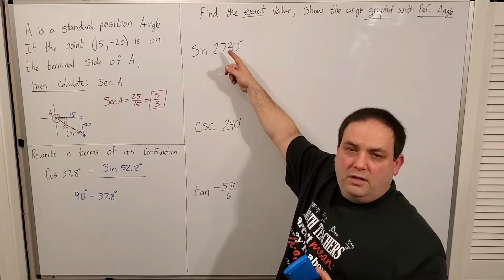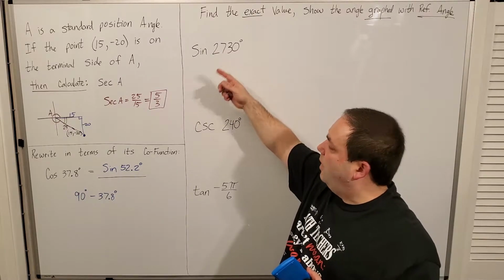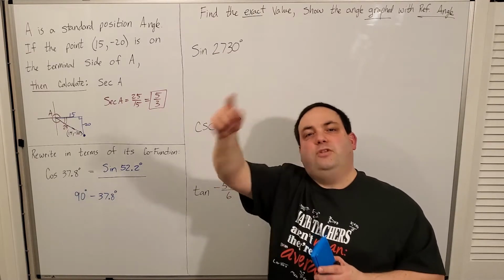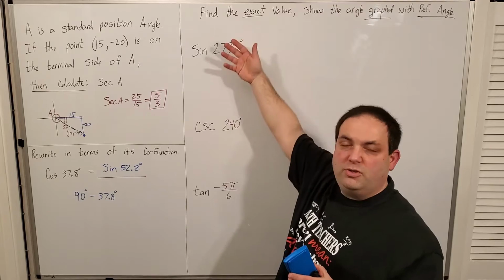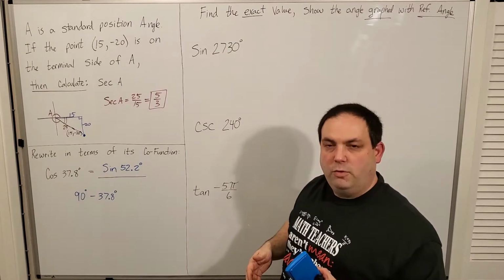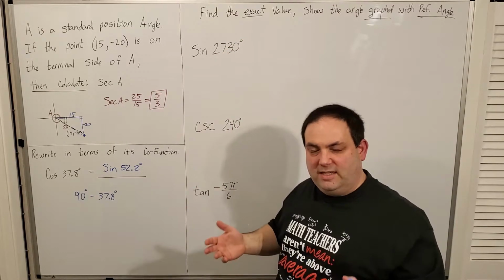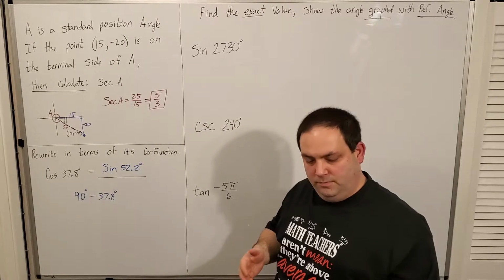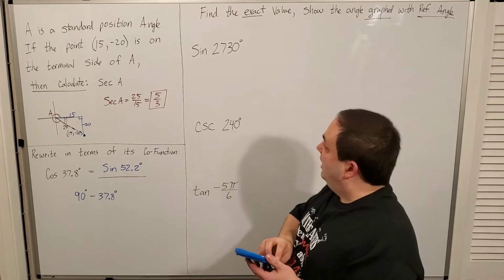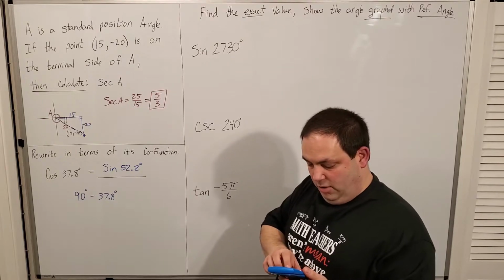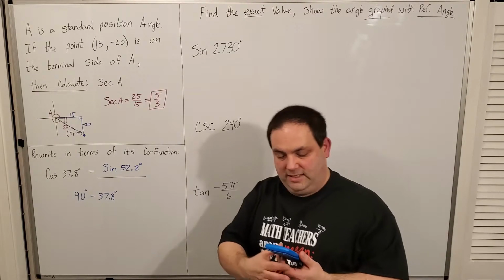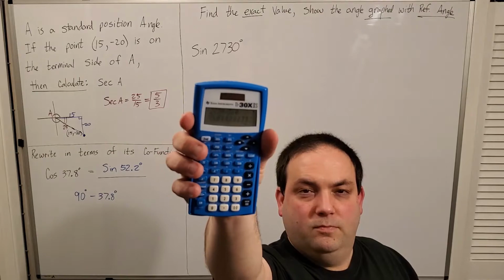Obviously, way more than a single rotation, right? It's going to be several rotations. It's 2,000, almost 3,000 degrees of rotation, where it only takes 360 degrees of rotation to go around. Okay, so here's what I do. I take the 2,730 and I divide by 360, like so.